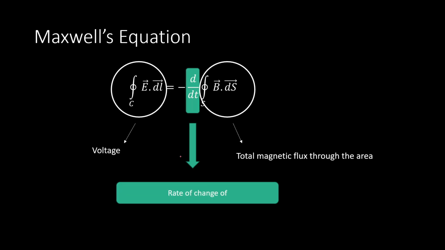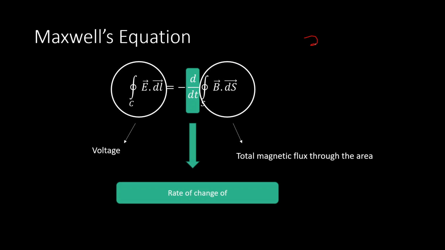They are related by the rate of change of the total magnetic flux. So basically a change in magnetic flux will induce a voltage. And the voltage will drive an electric field, drive the electric charge around the loop. And this can cause energy transfer.